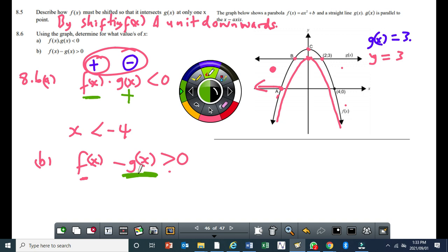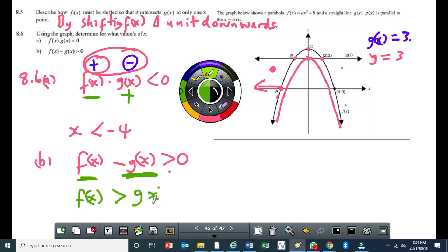What that means is we have to look at where the y values for f of x are also positive, so that we get a difference between the two that's positive. And we can also look at where the graph of f is above the graph of g. That interval where f is on top of g is the answer. By the way, this inequality can also be written as f of x is greater than g of x.